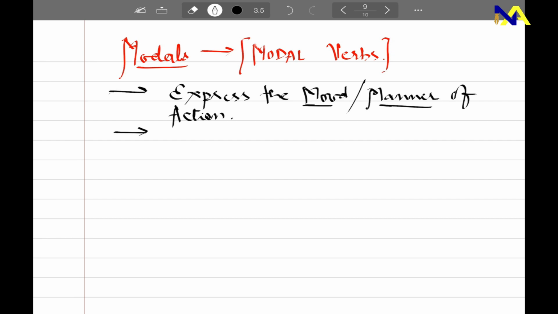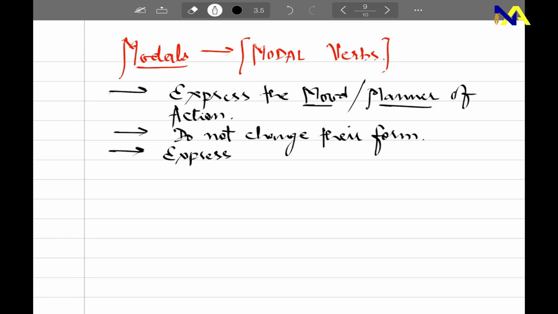Okay, then one more thing, that modal verbs do not change their form, they remain the same. Last bit, they are used to express what?